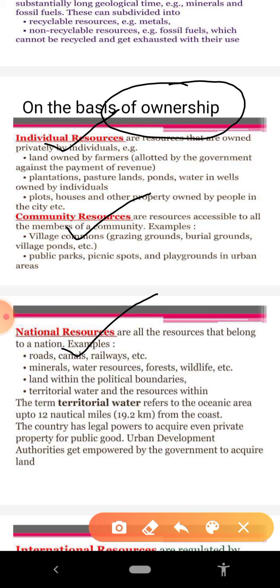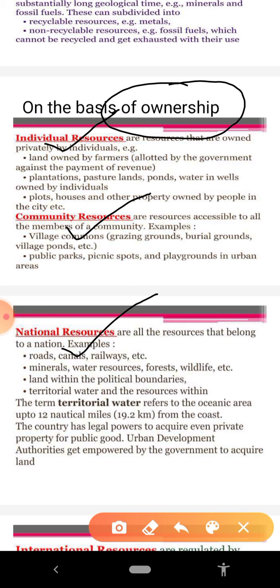All the resources which are under the control of the state or the union government are known as national resources. All the resources within political boundaries are national resources because the government has the power to acquire even private property.